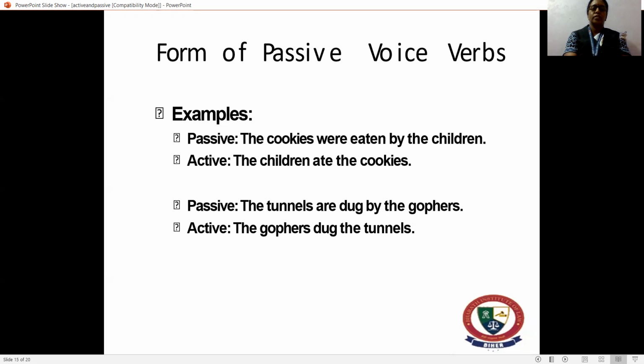The children ate the cookies. Similarly, the second sentence: the tunnels are dug by the gophers. When we change it to the active form, the gophers dug the tunnels. Since we have used are, the present be form, the verb is dug.